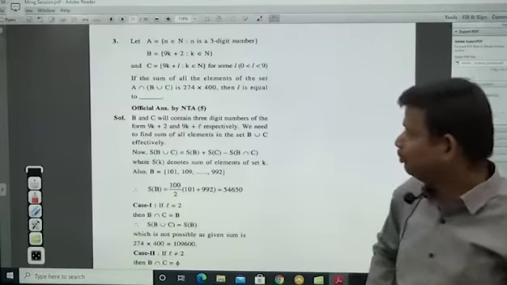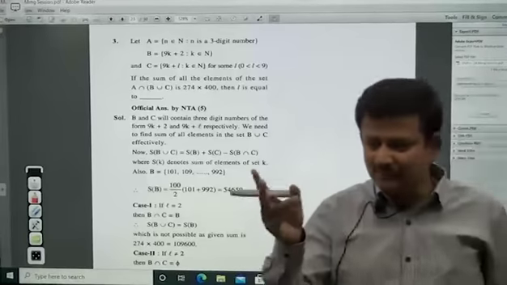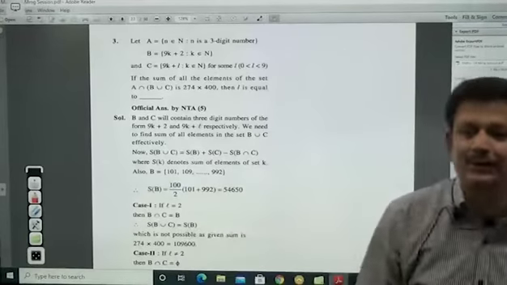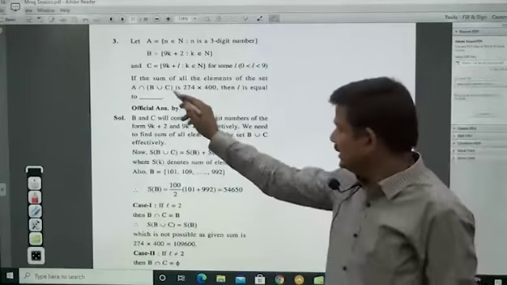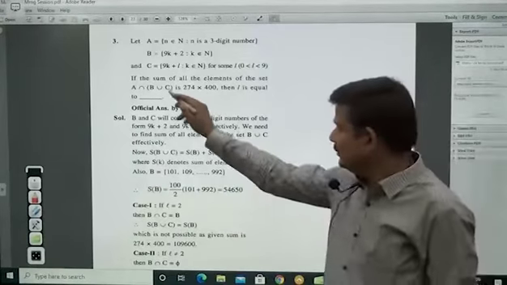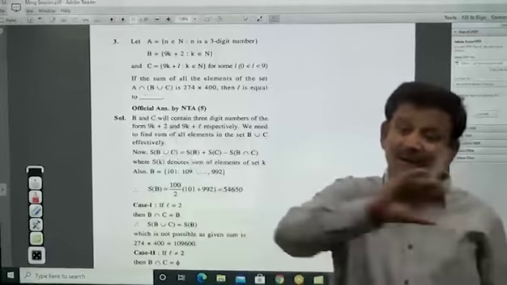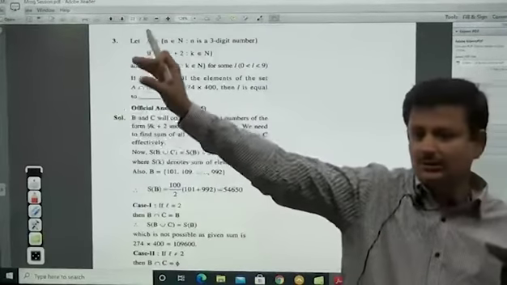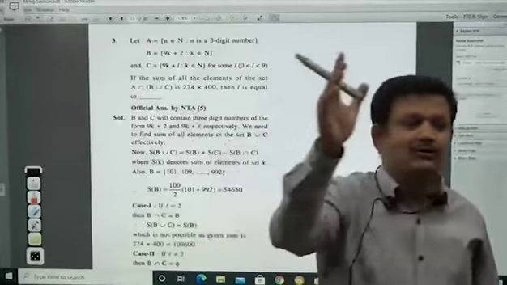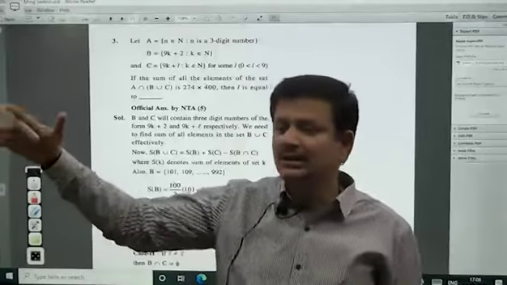Okay, no problem. So there are only two possibilities. Either C will be the same as B or different from B. Let's say C is the same as B. B union C will be B itself. A intersection B, sum of all the elements I want. What does that mean? Sum of all the numbers starting from 110 up to 992.